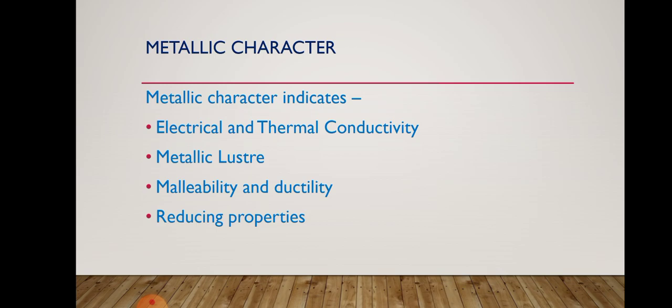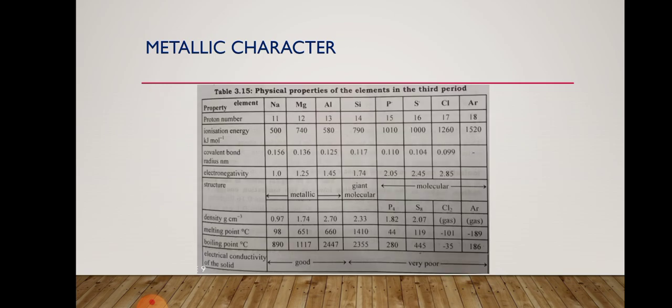Generally, the metallic character of elements decreases from left to right in a period and increases in a group. Look here, generally the metallic character of elements decreases from left to right in a period and increases in a group from top to bottom.